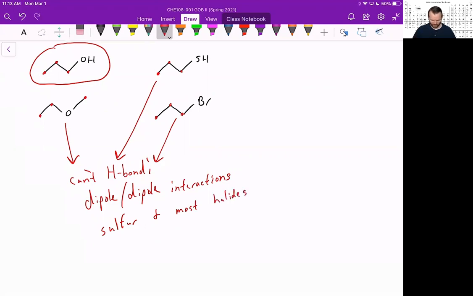Remember, sulfur and most halides are heavier than oxygen if you look at the periodic table.